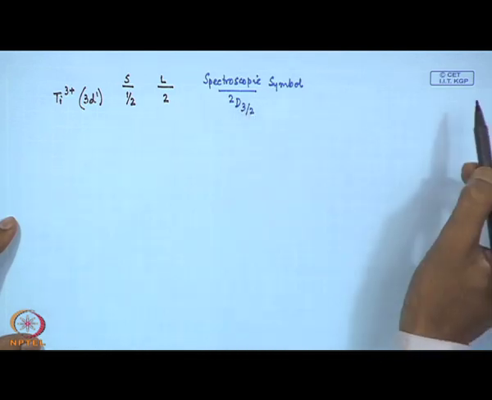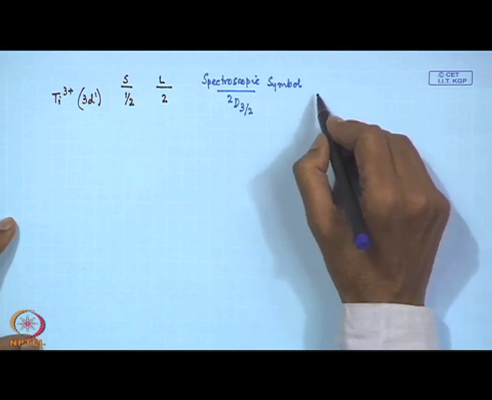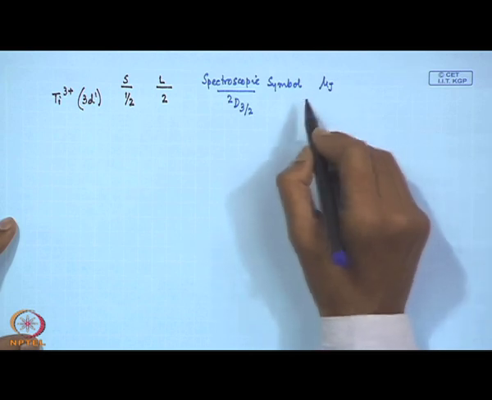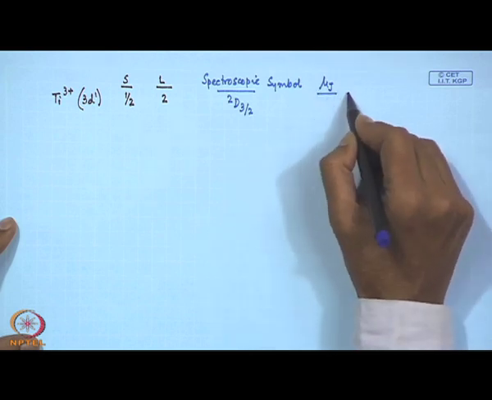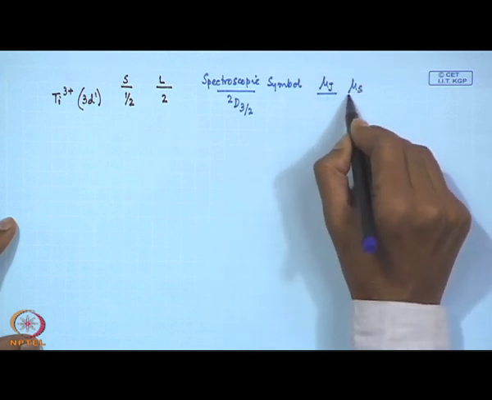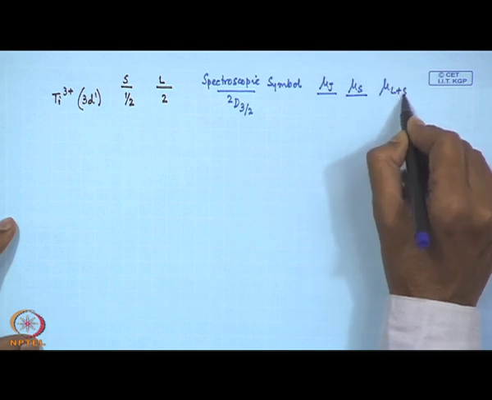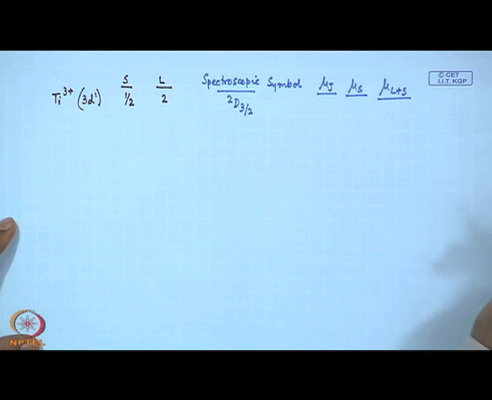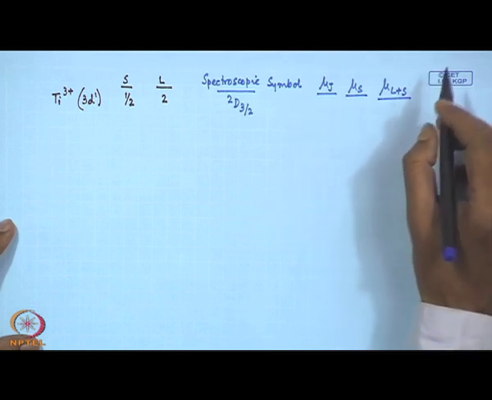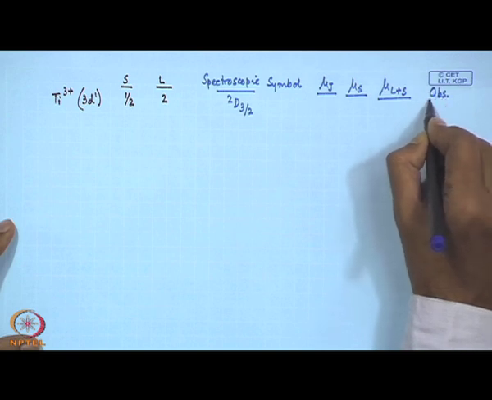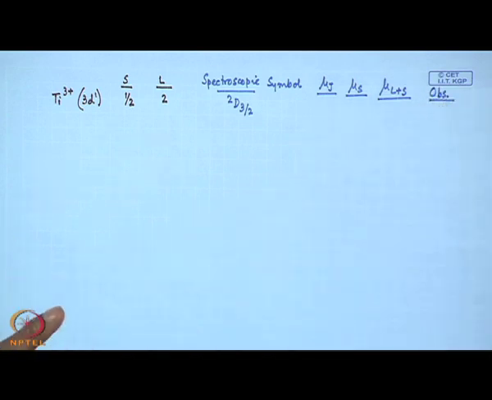For this we can utilize the mu J equation, the mu S equation and the mu L plus S equation. Theoretically we can utilize these to get the different values and finally compare with the observed values of the magnetic moment.